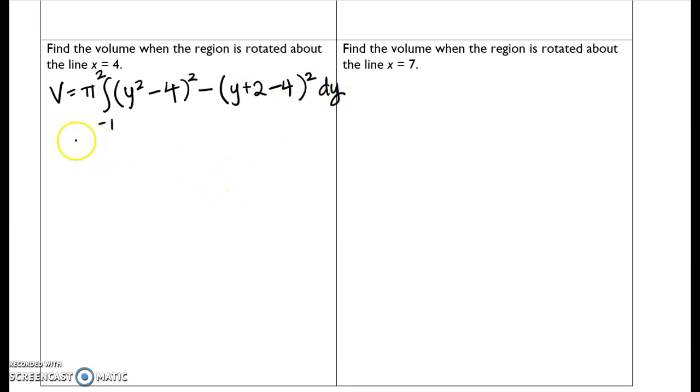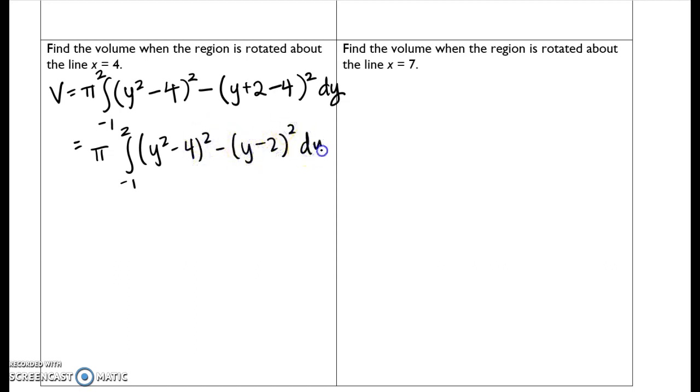Still dy because we're rotating around a vertical axis. And then if you want to simplify that, pi times the integral from -1 to 2, y squared minus 4 squared, minus y minus 2 squared. Just simplify that a little bit. And if you calculate that, again with your calculators, using x's in your calculators, you would get 67.858.